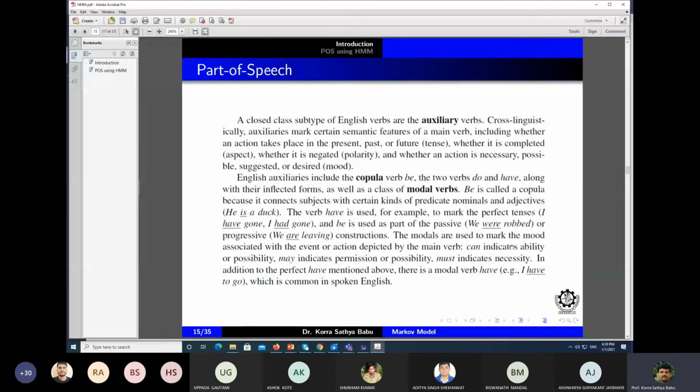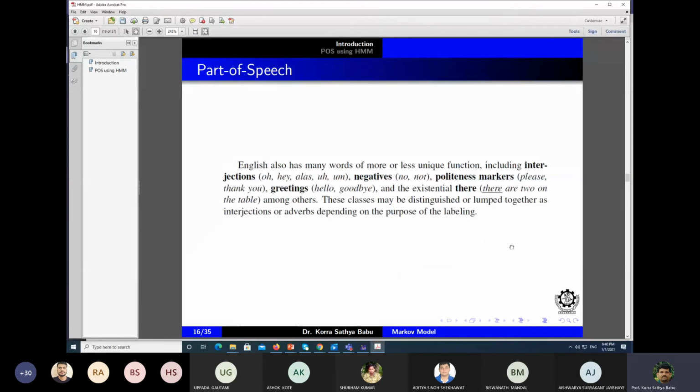For all the part of speech tagging, we use the Penn Treebank part of speech tag set, right? Earlier I have said it.